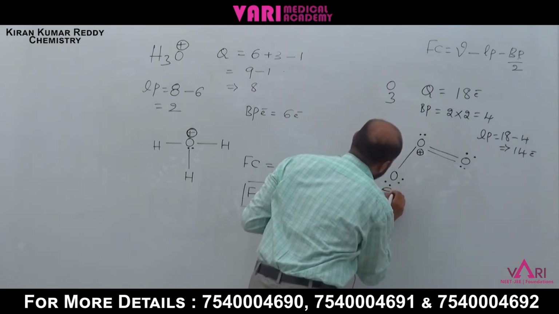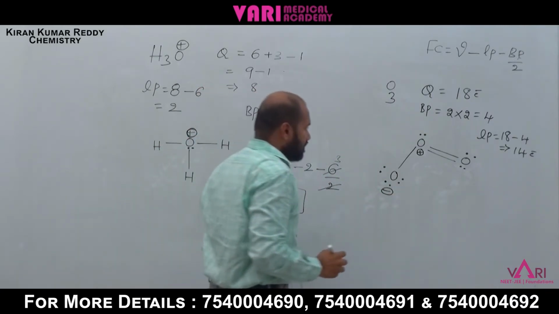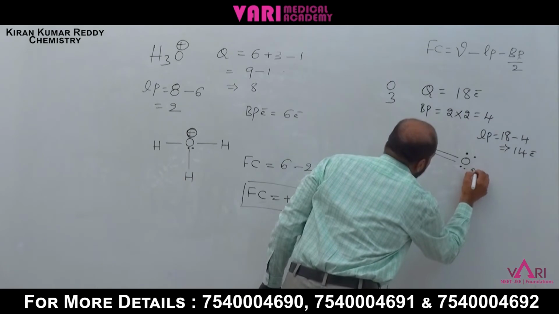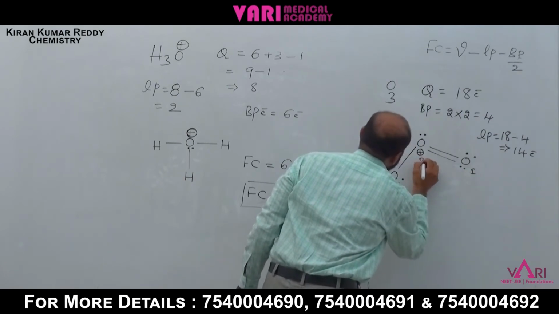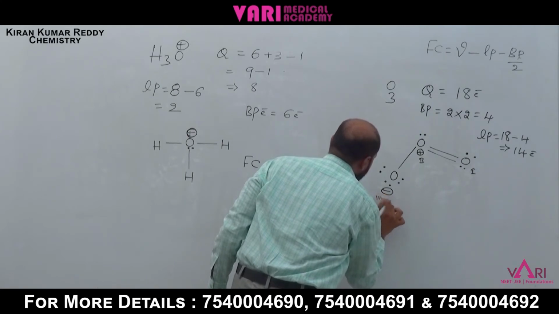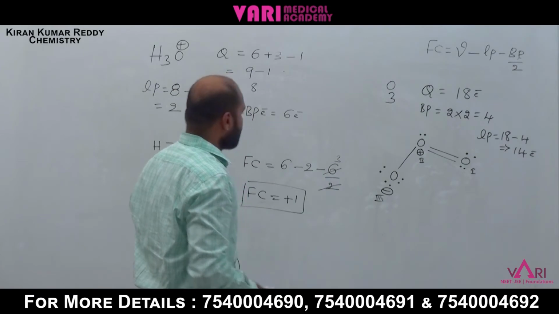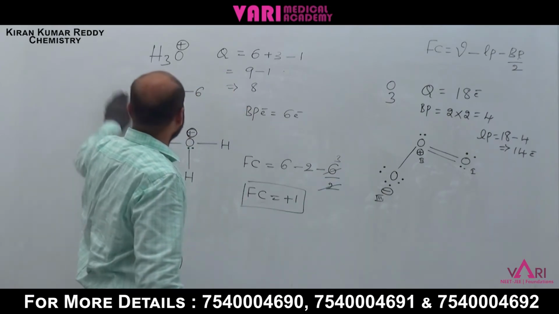Why are we writing negative charge? Because of formal charges. Now I am taking this atom as 1, this as 2, this one as 3. Now count the formal charges of the O3 molecule.